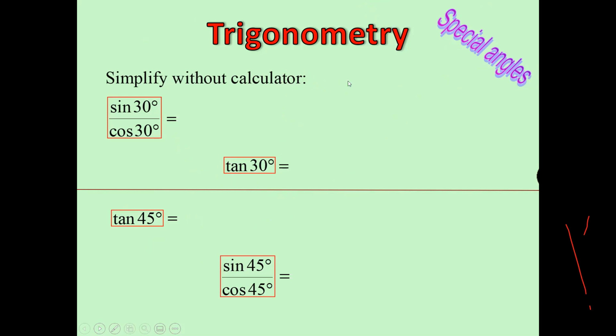Okay, so something for you to try out on your calculator. If you type sine 30 over cos 30, what do you get? Root 3 over 3, sir. Now they said without the calculator, can you see? So what do they want to see from us?